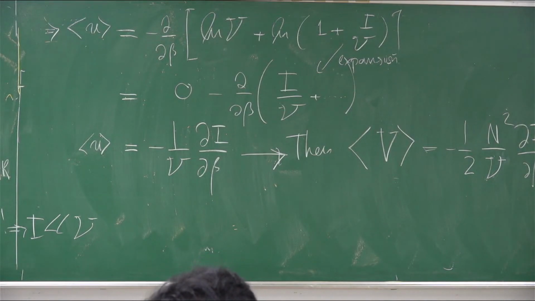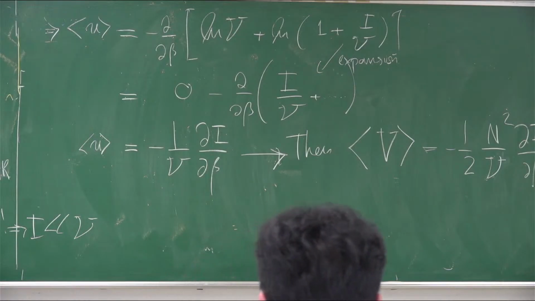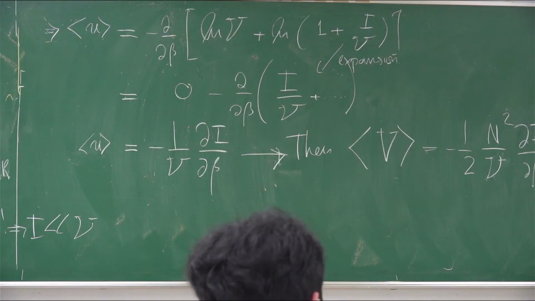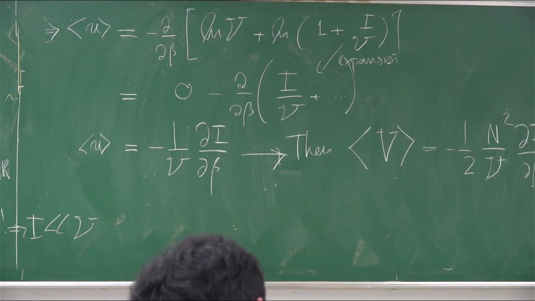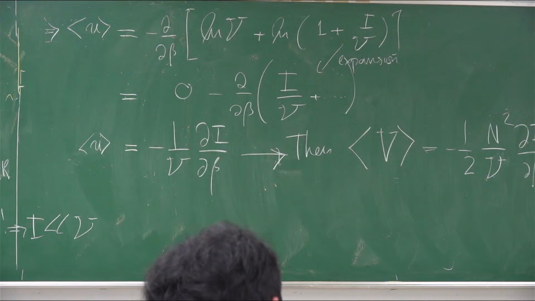So if you consider the log of this function, I think this should be this kind of weird V, not the potential one, but the volume.